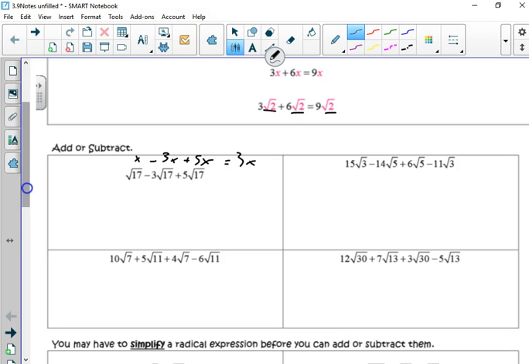Well, it's the same thing. 5 radical 17's plus 1 radical 17 is 6 of them. And if you take away 3, you end up with 3 radical 17. It doesn't matter whether it's an x or a radical 17. The concept's still the same. You can add like things.